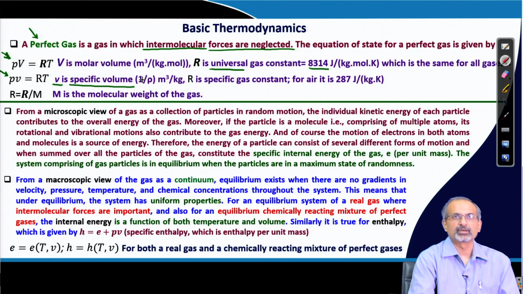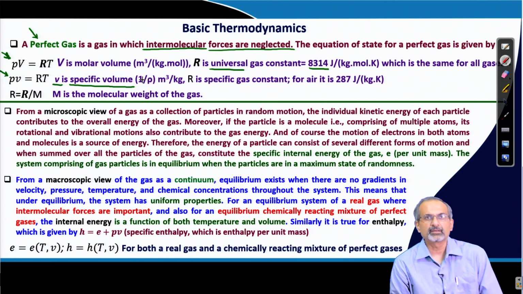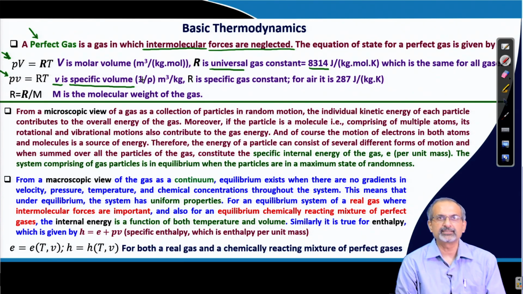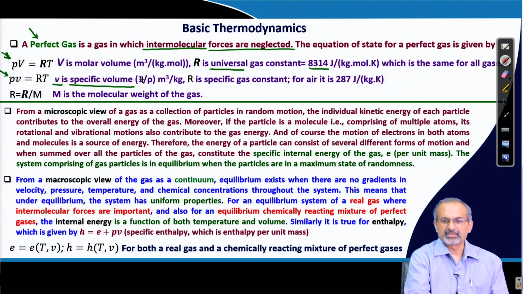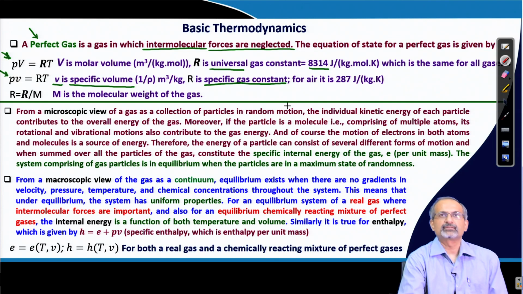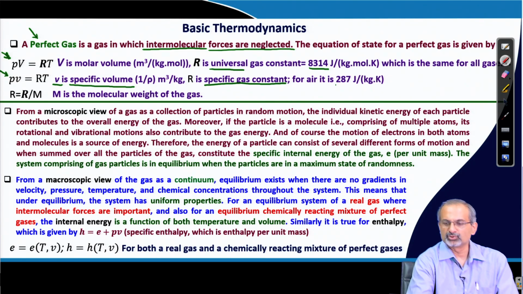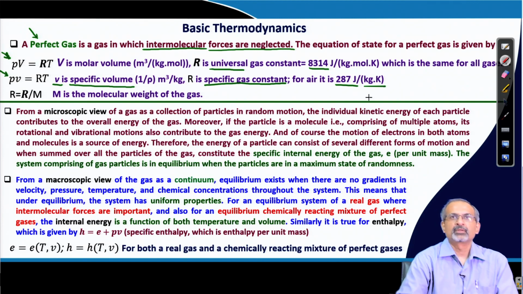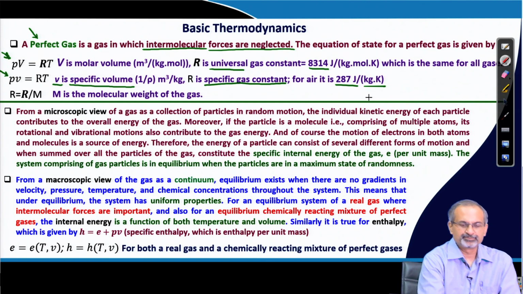It is the reciprocal of density, and therefore, its unit is meter cube per kg. Capital R is specific gas constant, and its value is going to change from one gas to the other. Incidentally, for air it is 287 joule per kg Kelvin. So, these values are important ones, you should keep them in mind.